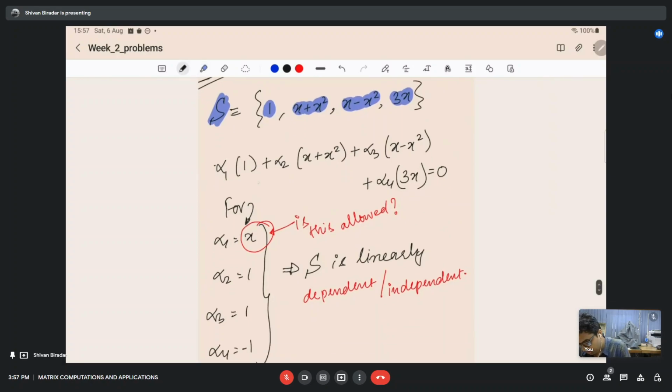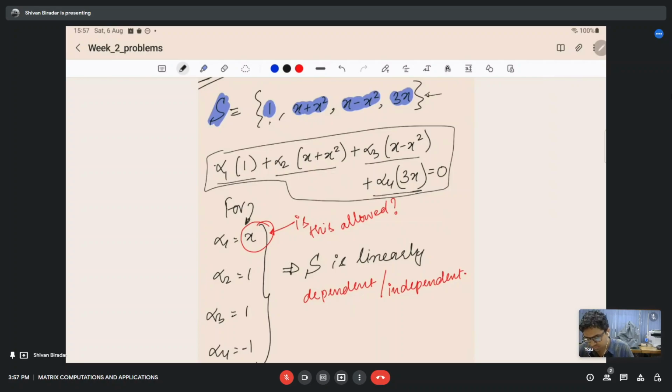If I take the linear combination of these four polynomials, alpha 1 into x, alpha 2 into x plus x square, alpha 3 into x minus x square, and alpha 4 into 3x, does there exist some non-zero alphas which satisfy this equation? If that is true, then we say that these polynomials are linearly dependent.